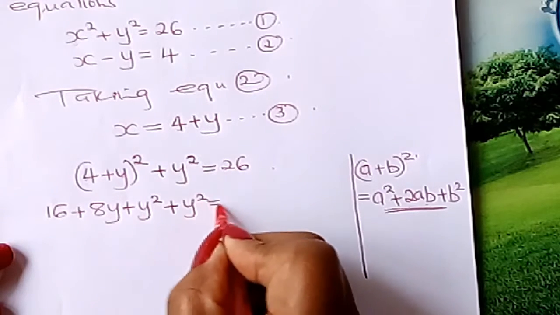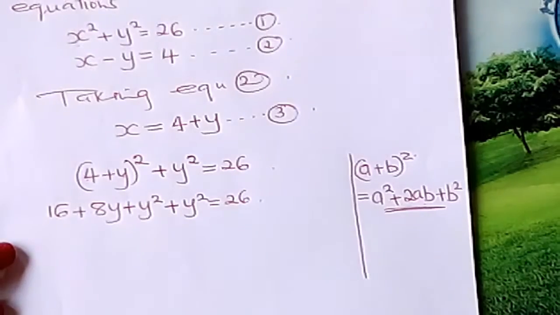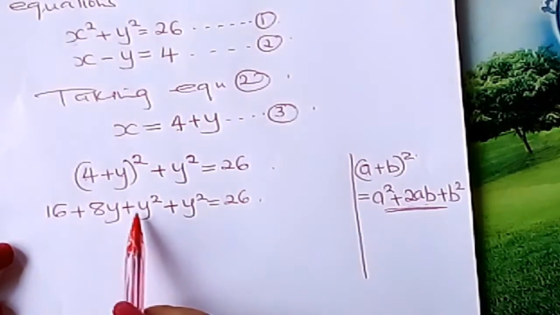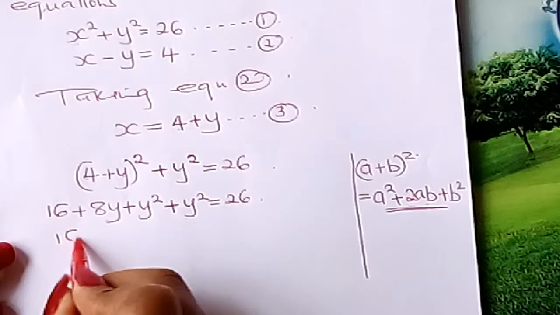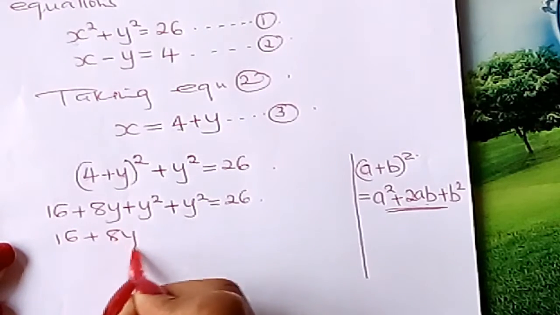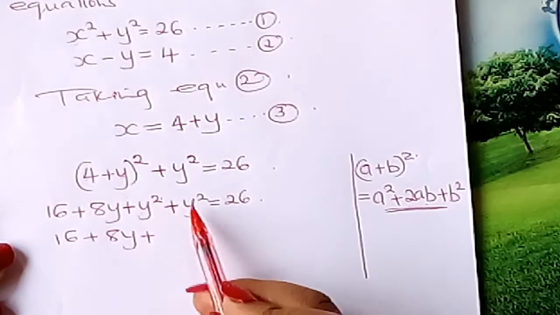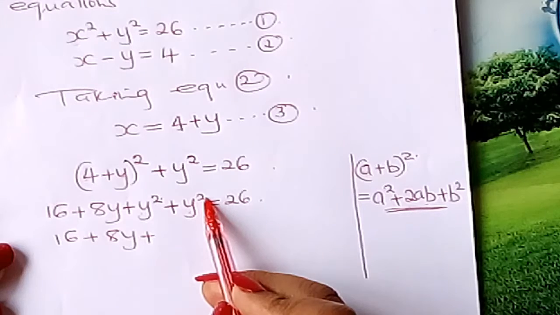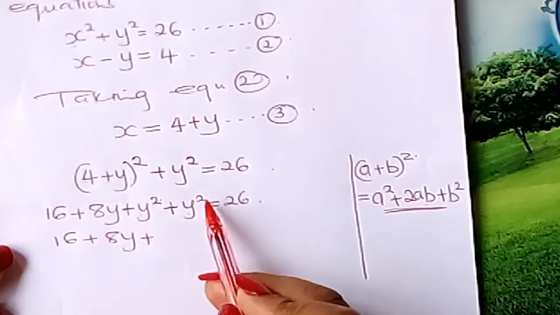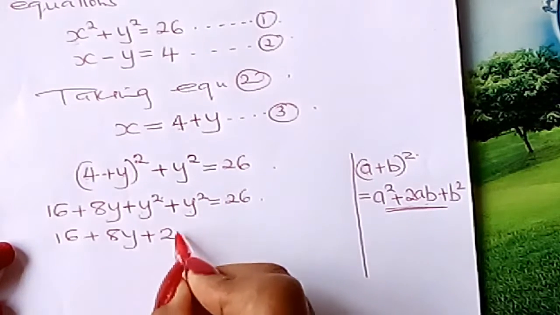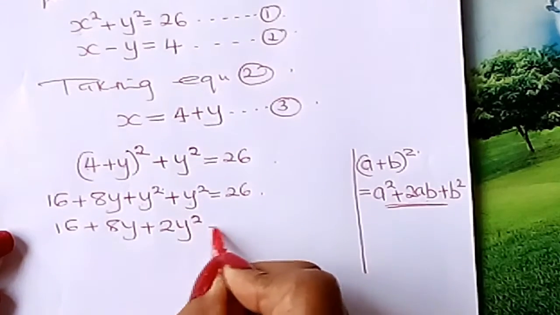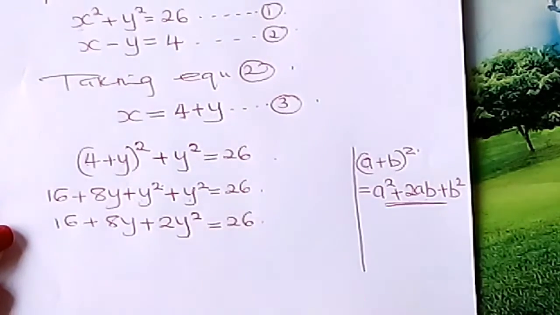So plus y squared is equal to 26. You see that this is 16 plus 8y plus y squared plus y squared. How many y squareds are these? There are 2. So 2y squared is equal to 26.